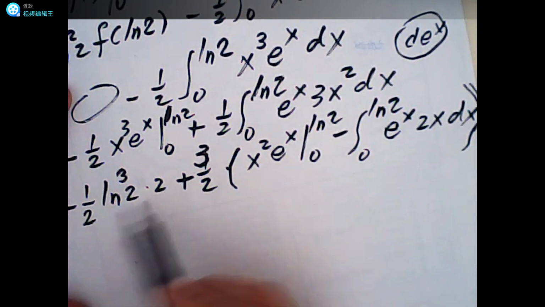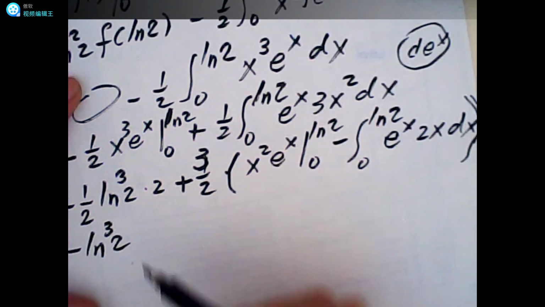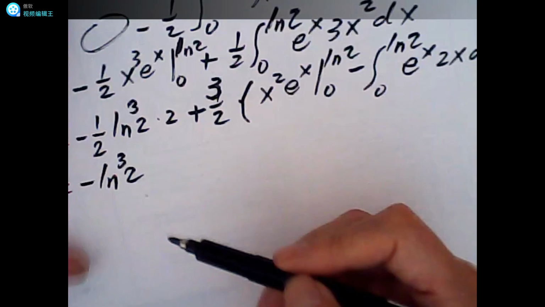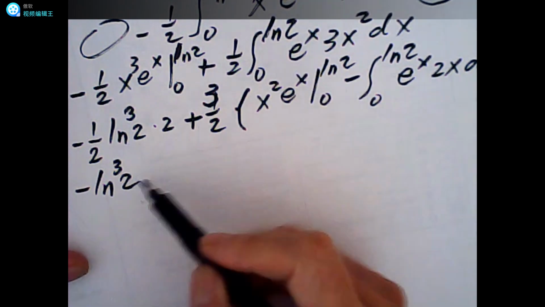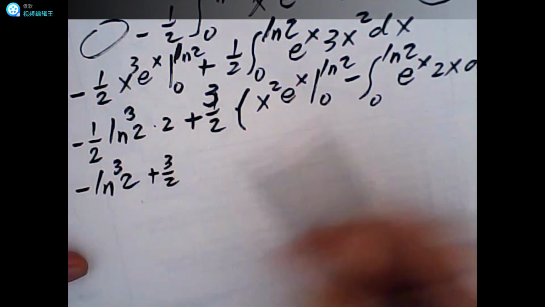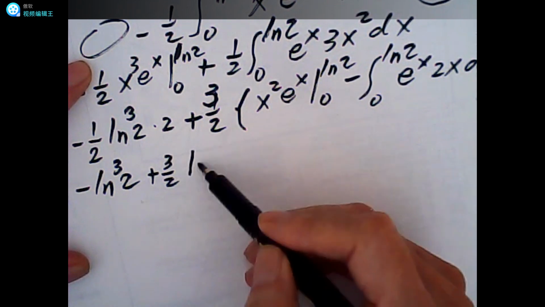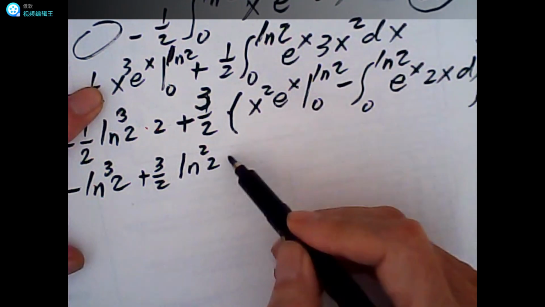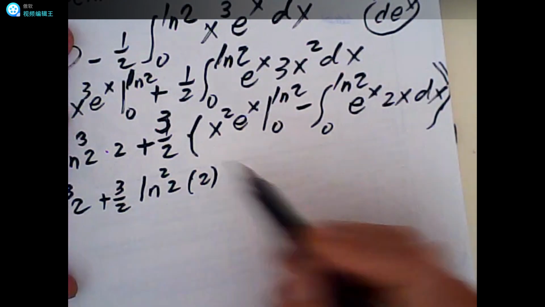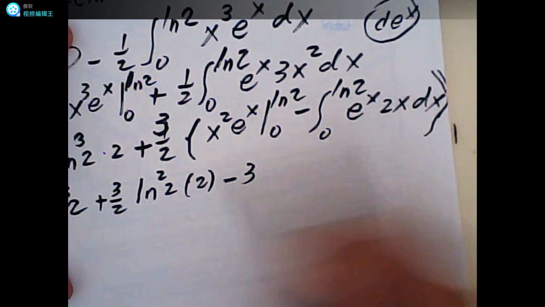And then this is equal to 2 to cancel out, negative log cube over 2. And plus 3 over 2. This will be log square over 2. This is 2, right? Times 2 again. And minus 0. And this 2 is cancelled out, so it's a 3.